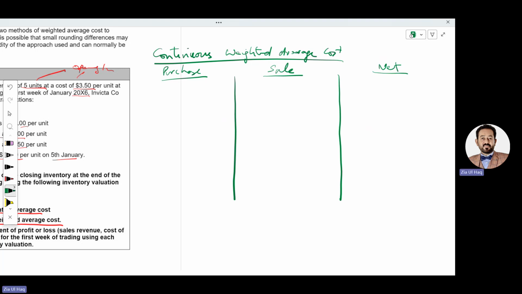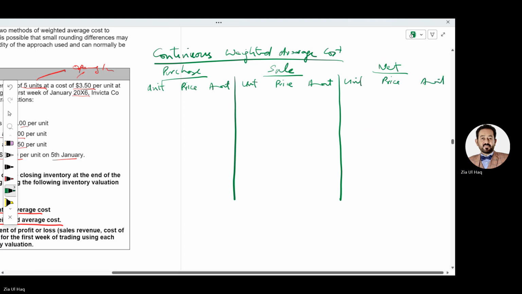And under all these 3 columns, we have to make 3 further sub columns: one for units, one for price, and one for amount. Unit, price, amount. Unit, price, and amount. The last one is net.